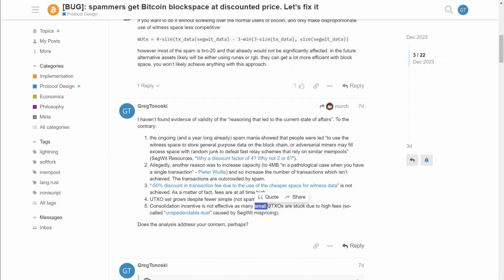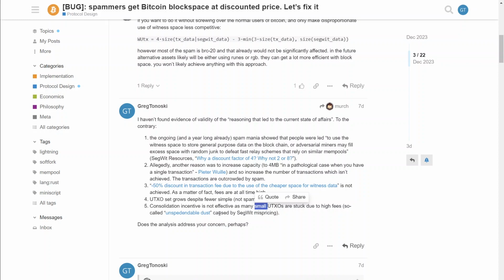But it seems it also didn't happen, because in 2023 the fees were so high that those UTXOs were just unspendable.